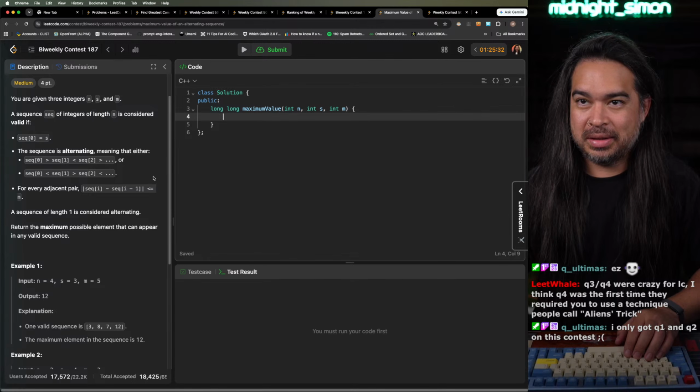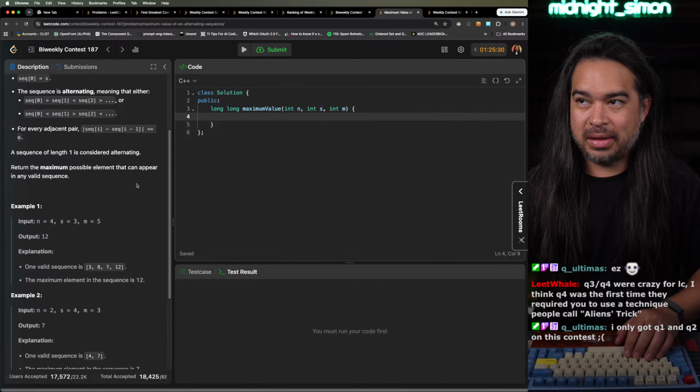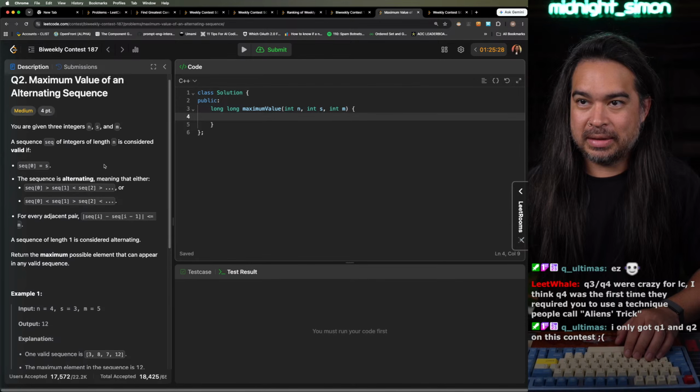N is the length. What's s? The first number in the sequence is s. What's m? m is the diff.